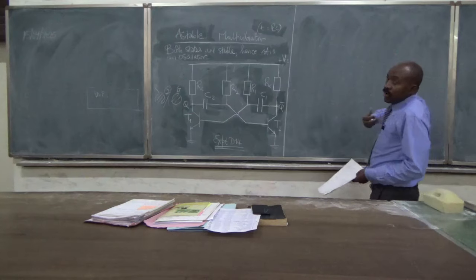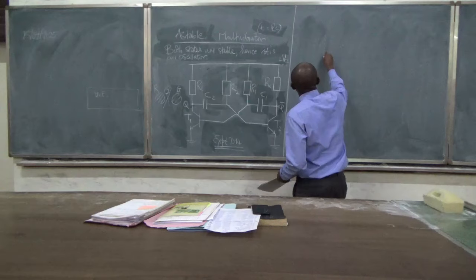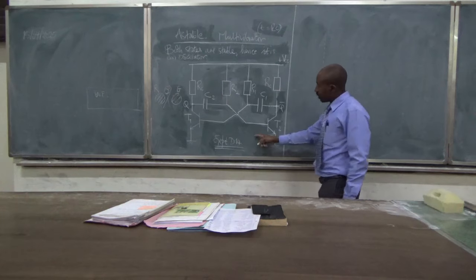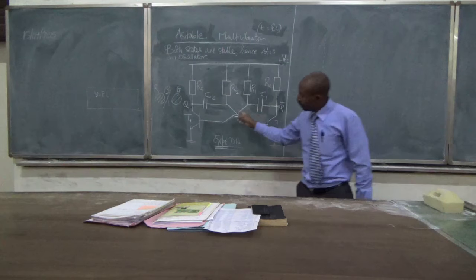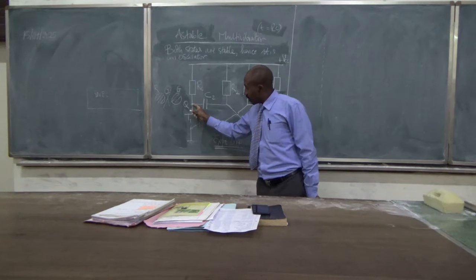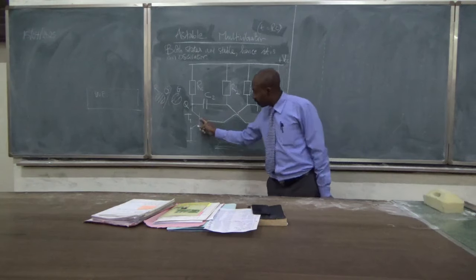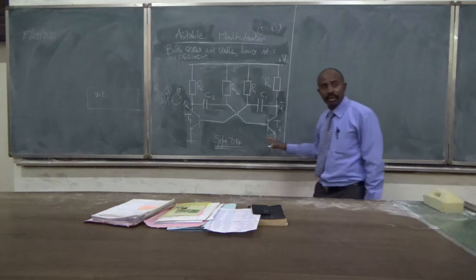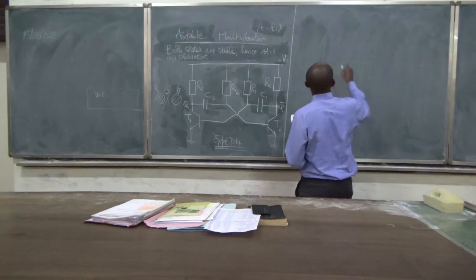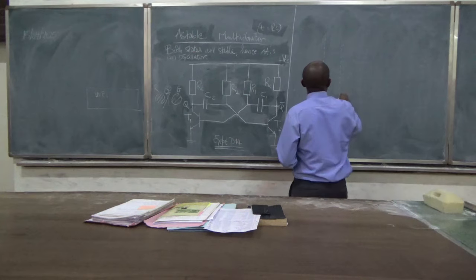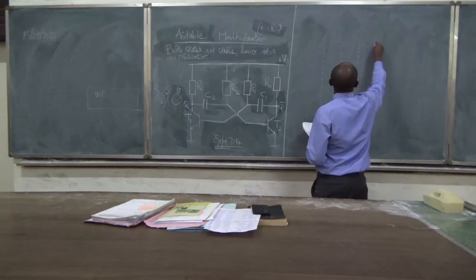Well, but for us, we are now interested in the electronics, so we shall draw. This experiment says draw the waveforms at collector 1, collector 2, base 2, collector 1, emitter 1, and emitter 2. So I will draw these lines for our variable.